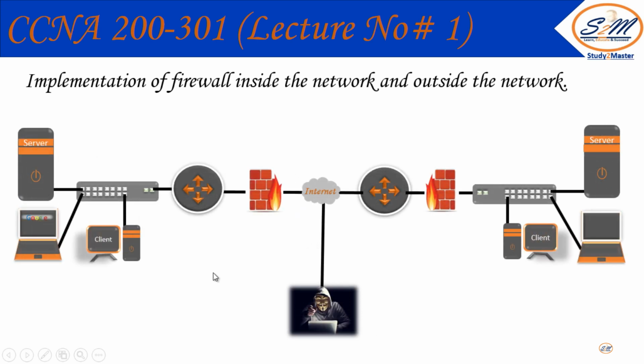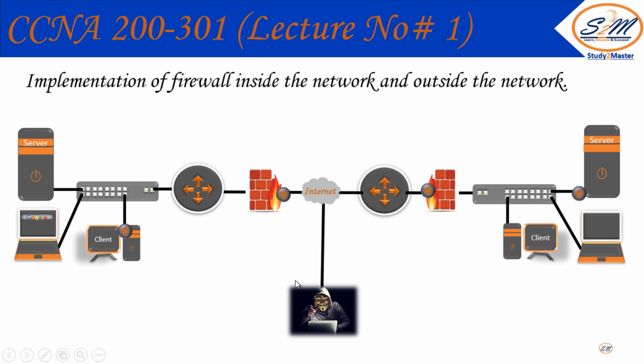Focus on this example. We have a complete example of how the firewall operates and how it performs the actions. So now this site can access or communicate with site A, and site B can communicate with site B. Here we have an attacker.